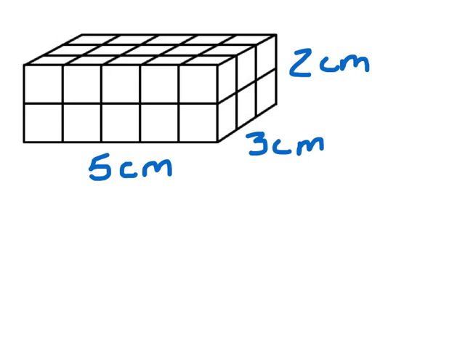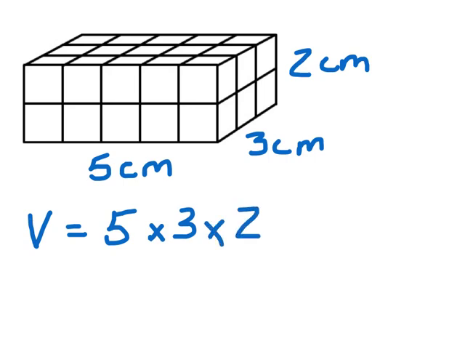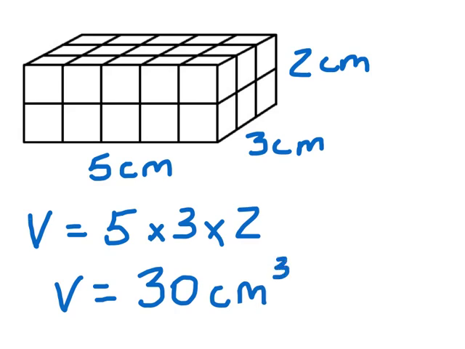Next, you may have remembered the formula, which is volume equals length times width times height. And if you apply that formula, you get 5 times 3 times 2. And so the volume of this rectangular prism ends up being 5 times 3 is 15, times 2 is 30 cubic centimeters.